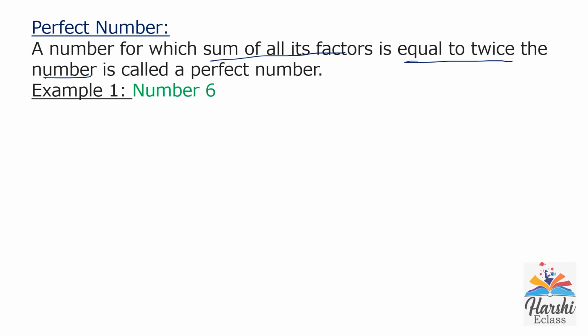For checking whether the number 6 is a perfect number or not, first we need to write the factors of number 6. 1 six is 6. 2 threes are 6. That means 6 is completely divisible by 1 and 2. 6 is also completely divisible by 3 and 6.